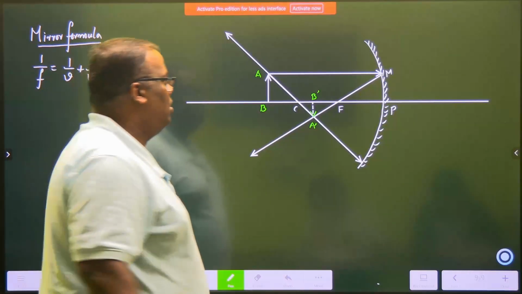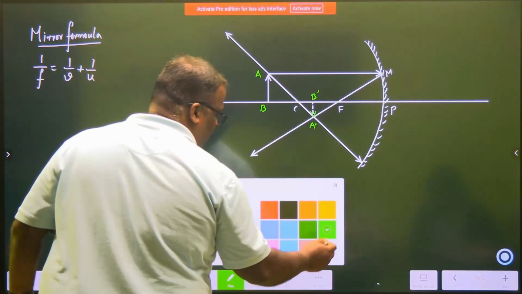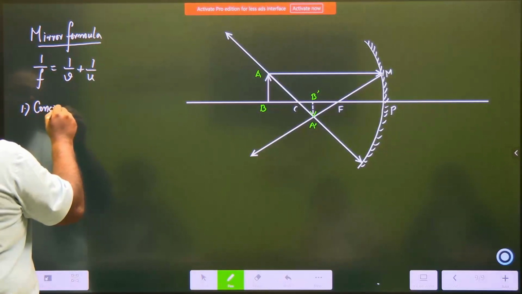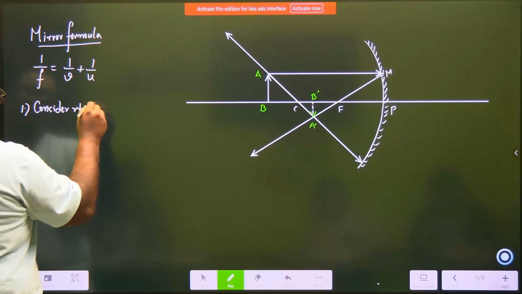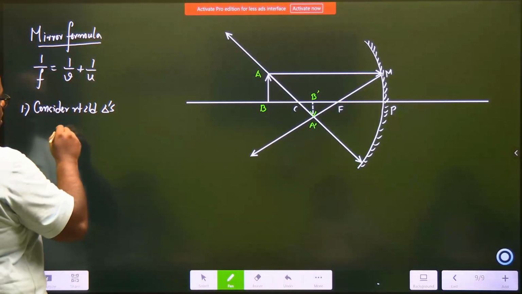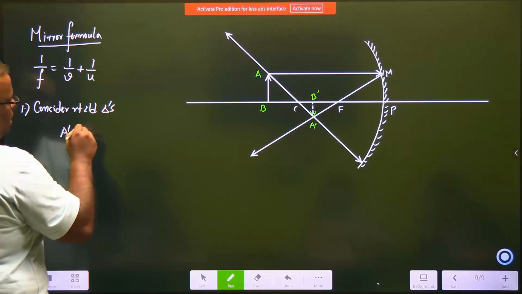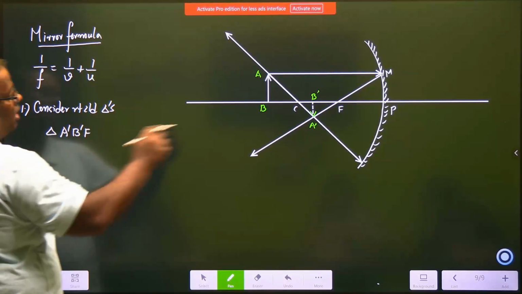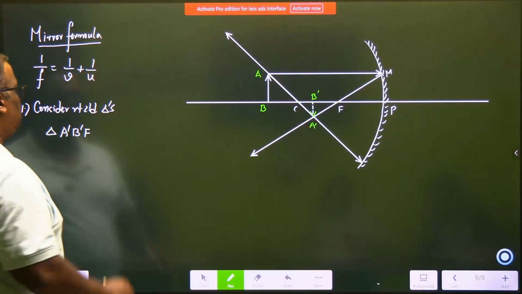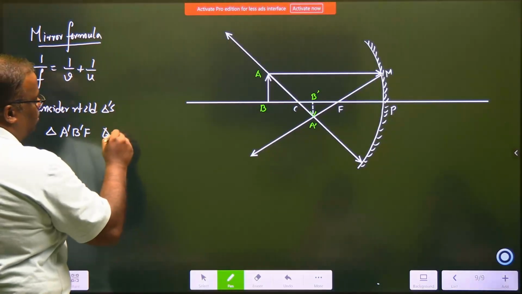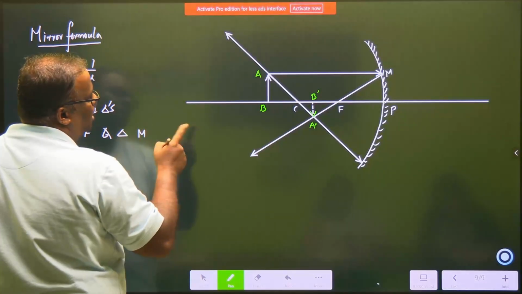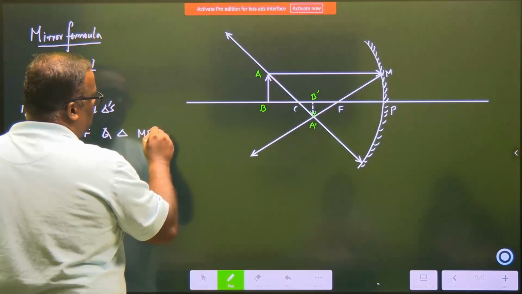Okay. Now whatever I'm going to write, just see. My first step will be consider right angled triangles. What are the 2 right angled triangles I'm looking at? Just look at me, okay? A dash, B dash, and F. A dash, B dash, and F. Okay. And similarly, I'm taking a triangle on that side to A dash. If I take it up, it will be M, and B dash means P, F.